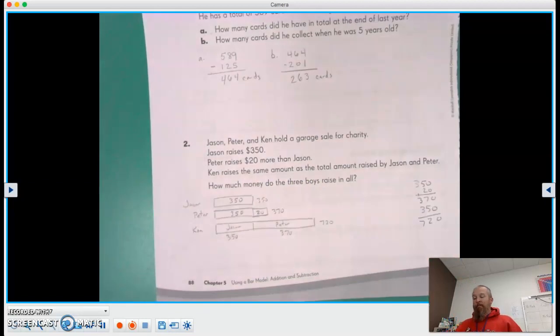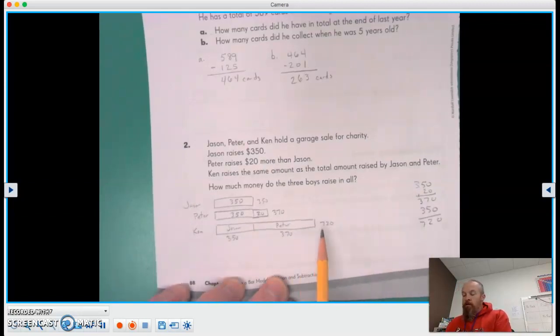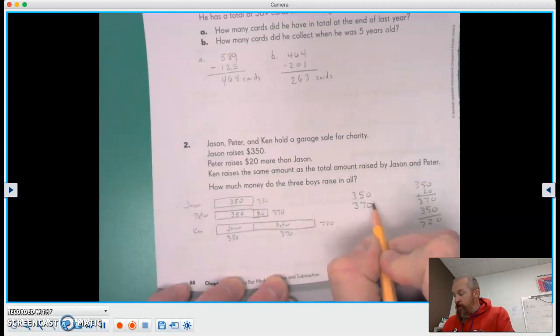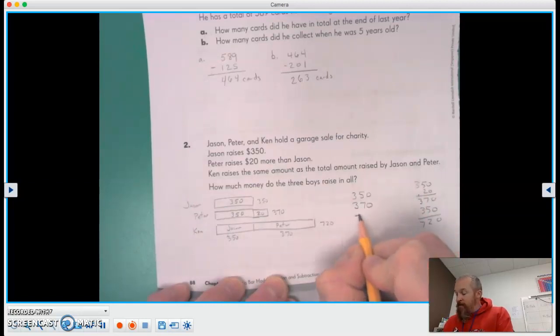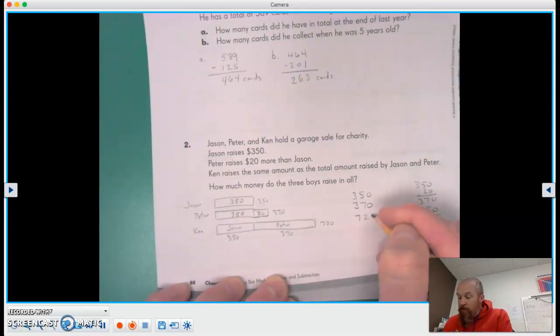So now we know how much Jason raises, how much Peter raised, and how much Ken raised. And our question is asking us, how much money do the 3 boys raise in all? So we have 350, 370, and 720.